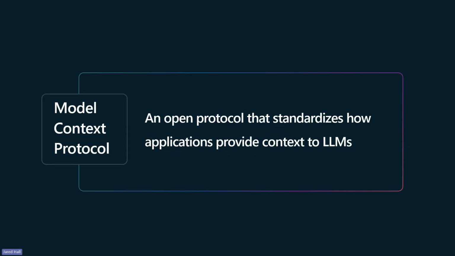So it's a standard protocol that really defines how an agent system communicates with the applications. We're able to build servers, MCP servers, Model Context Protocol servers that surface the tools, the data and business logic available within those applications to agent frameworks so that the agents are able to effectively communicate with the data and business logic of those applications.